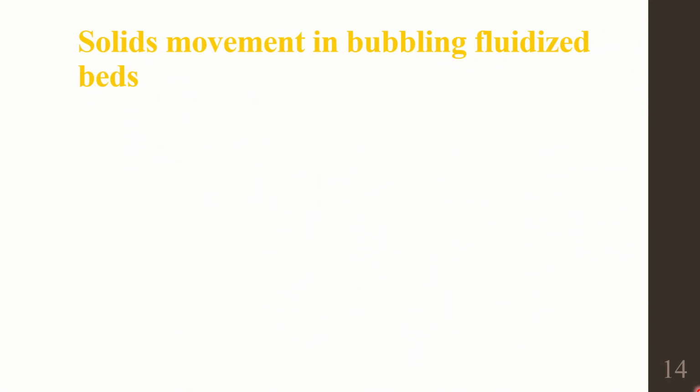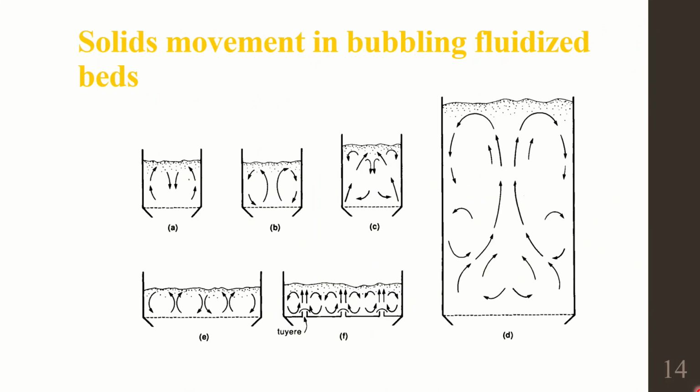Now, solids movement in bubbling fluidized beds. Bubble formation also in turn affects the fluidized beds. For example, these are the different types of fluidized beds based on the geometrical design. In this, if we keep this as the depth and this as the length, they are both similar, like a square shape.